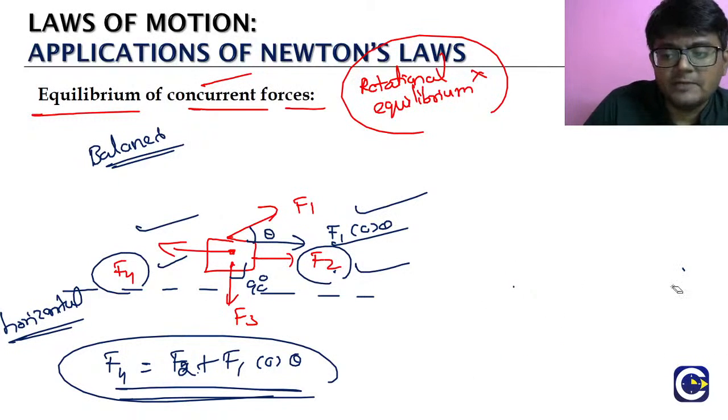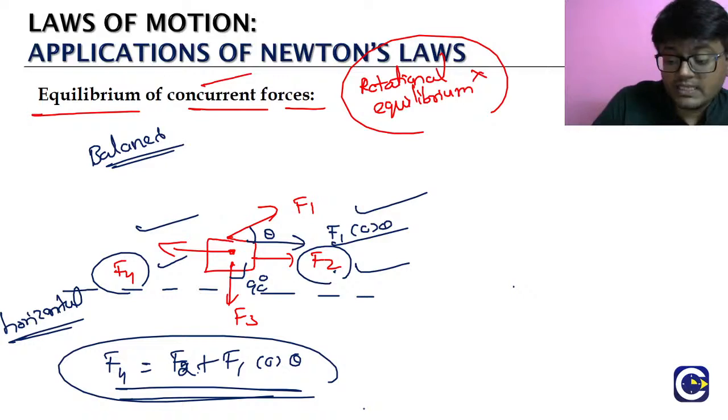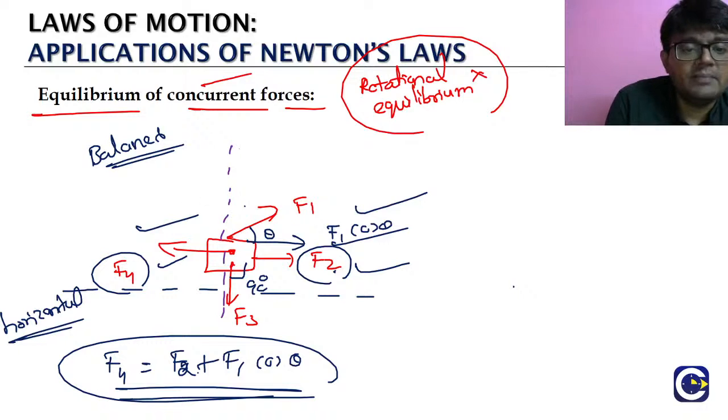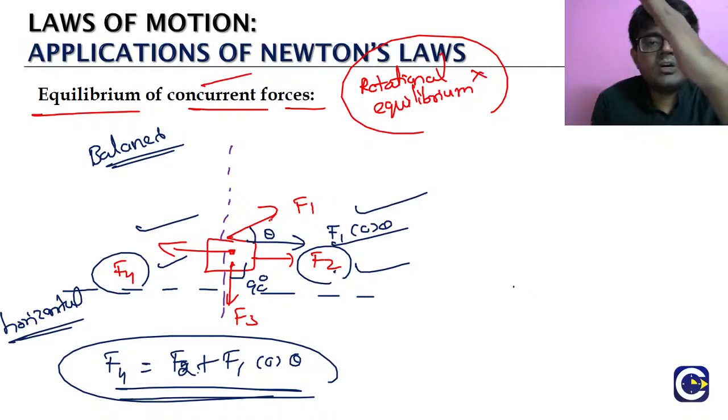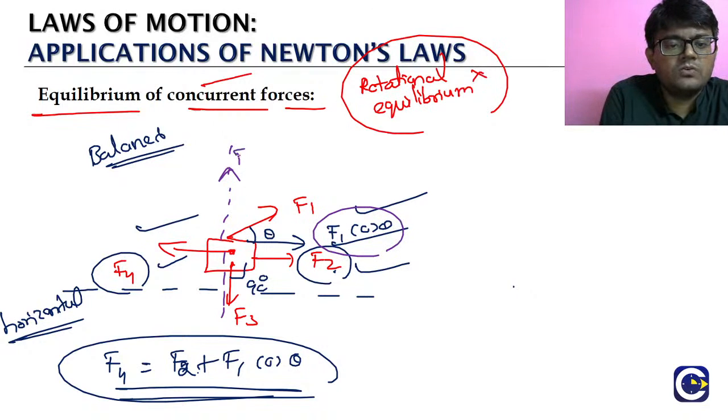Here we have taken the horizontal direction, and we can also take the vertical direction. If you take the vertical direction, the horizontal component of F1 we have already seen is F1 cos theta. So what will the vertical component be? F1 sin theta.